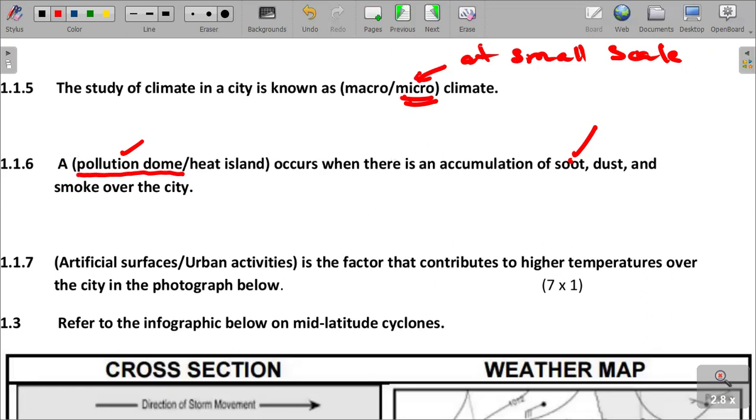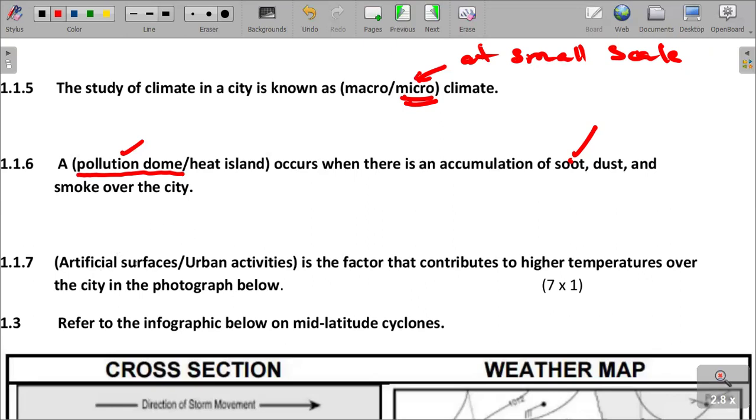A heat island is an extensive increase in temperature within the cities, higher than their surrounding areas, which are rural areas. So temperature tends to decrease from the city to the rural areas when we are looking at an urban heat island. This is a pollution dome formed as a result of accumulation of pollution substances that we are finding there.